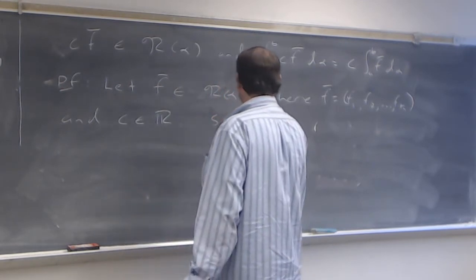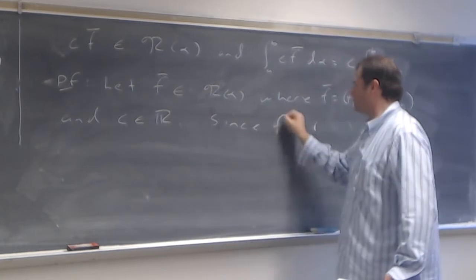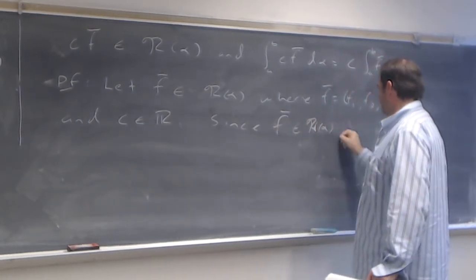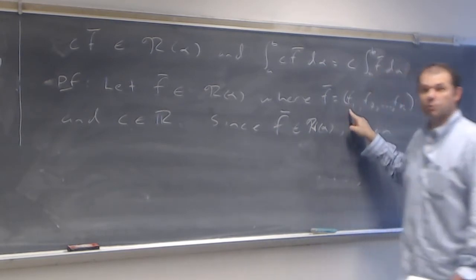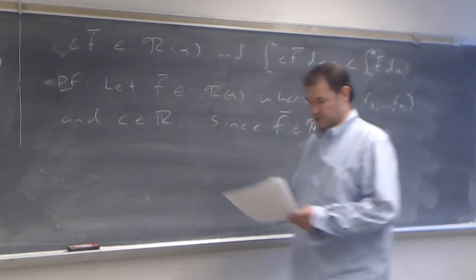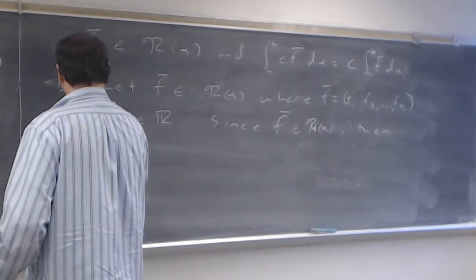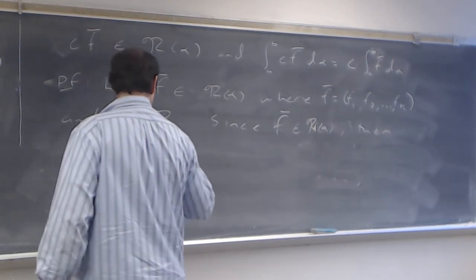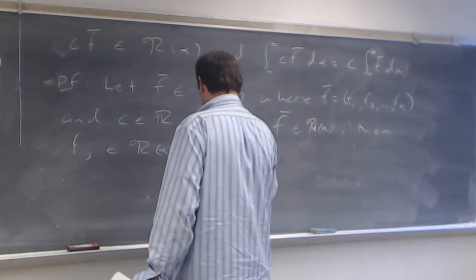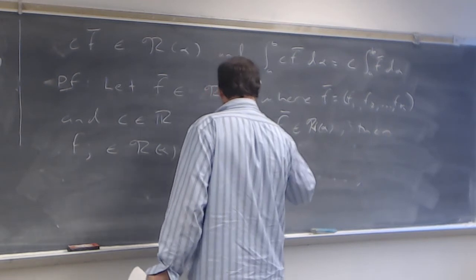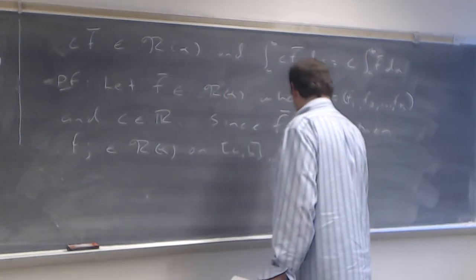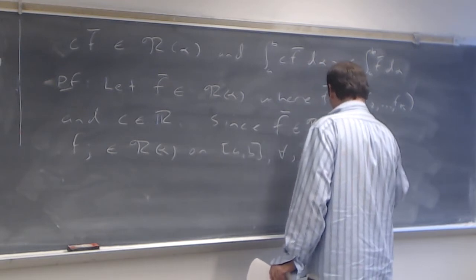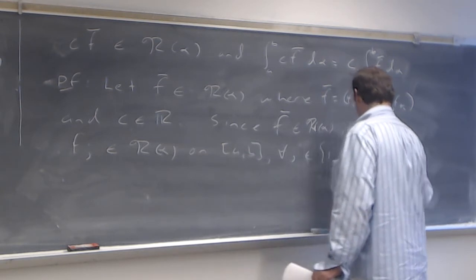So since f bar is Riemann-Stieltjes integrable, then that means each one of these component functions is Riemann-Stieltjes integrable. So I'll denote that as f sub j is Riemann-Stieltjes integrable with respect to alpha on a to b for all j element of 1, 2, all the way up to k for each component.